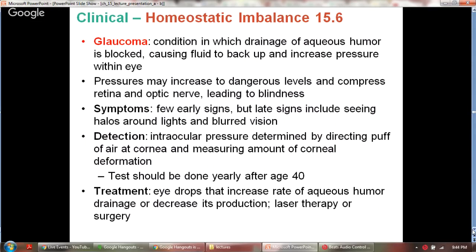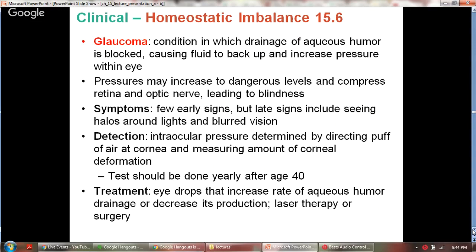Some of the clinical importance of this anterior chamber and the fluid: you might know the common word glaucoma, which is a condition where the drainage of the aqueous humor is blocked, causing the fluid to back up and increase the pressure within the eye. The pressure may increase to dangerous levels and compress the retina and the optic nerve, which leads to blindness. Patients present with few early signs, but late signs include seeing halos around lights and blurred vision.